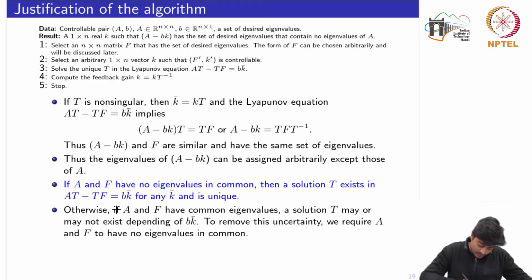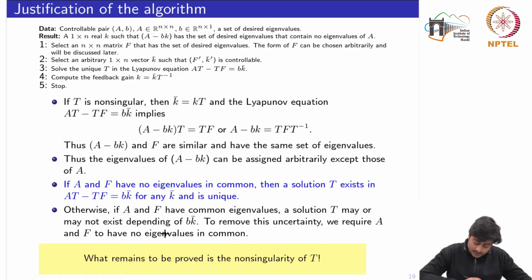This particular point in the first statement, we saw if you recall the result on the Lyapunov stability for linear time invariant systems. So this was one of the points which we highlighted. What remains to be proved is the non-singularity of T. At the same time, if T happens to be non-singular, it would be unique.